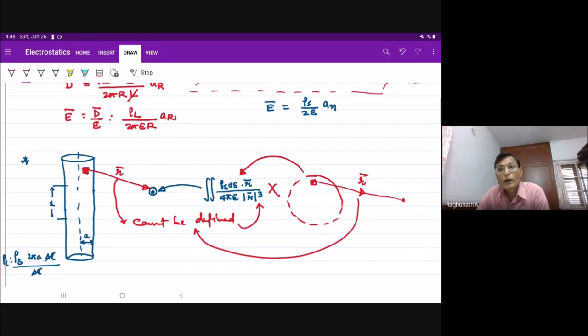But we need the electric field intensity at any point due to a charged cylindrical surface, a charged spherical surface, and moreover, volume also.